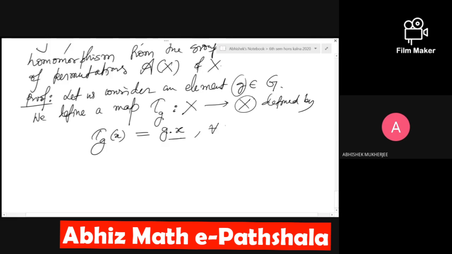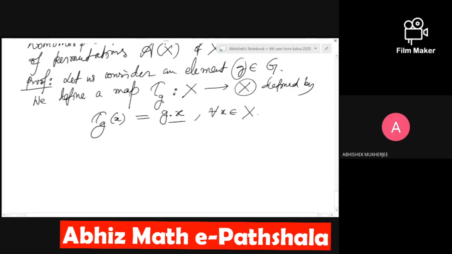So let us check whether it is a permutation on X, that is, whether it is a bijective map on the set capital X. So this is our claim. What is the claim?